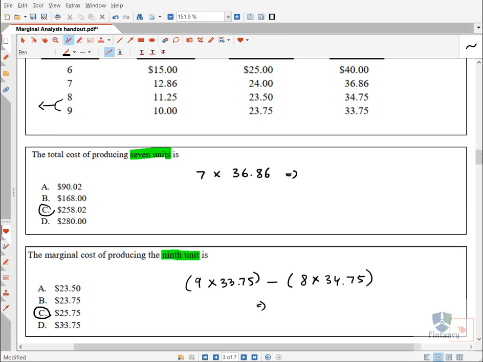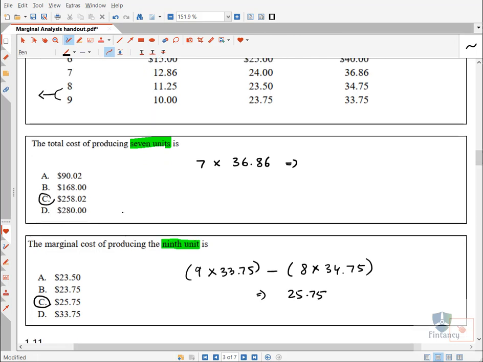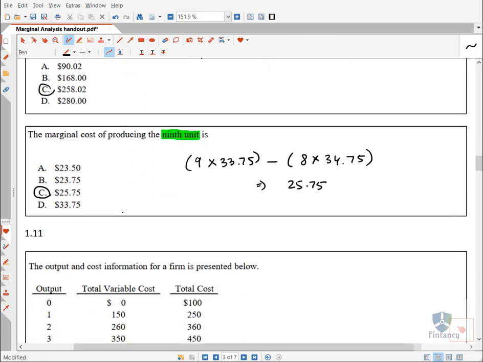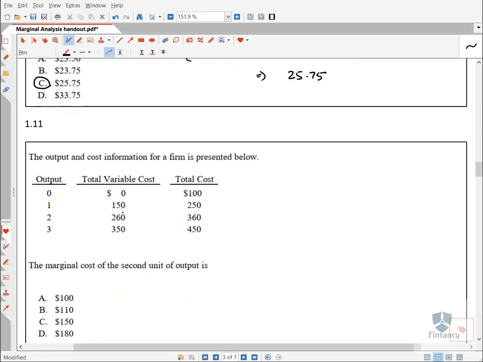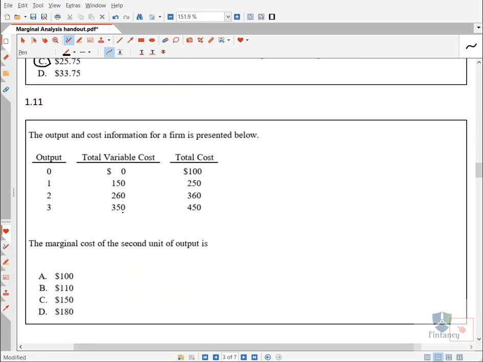C is the answer, right? So you are going to get 25.75. That is the cost of the 9th unit. Right, everyone? I hope you got the point. Please say yes in the chat box so I can move forward. Okay, very nice. Let's move ahead. If any issue, please type in the chat box and I will answer you.